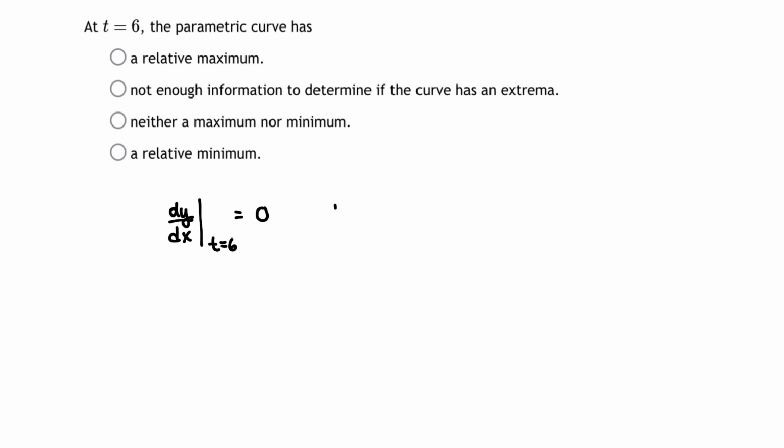That means we have a horizontal tangent occurring right there on the parametric curve. When our first derivative is 0, the slope of the tangent line is 0. Let's combine that with the following fact: the second derivative for this parametric curve at t equals 6 is negative 5 over 32.